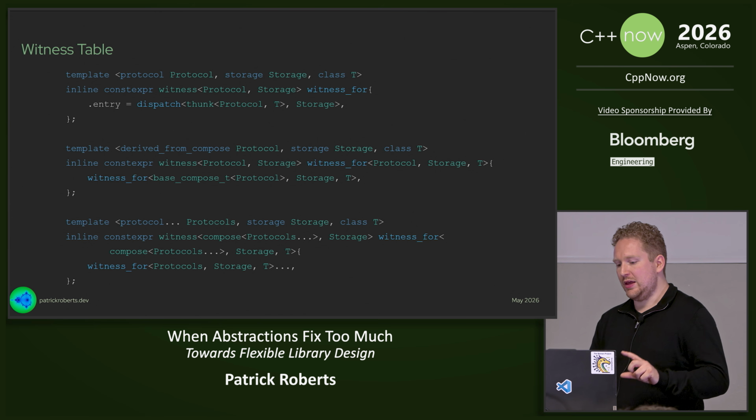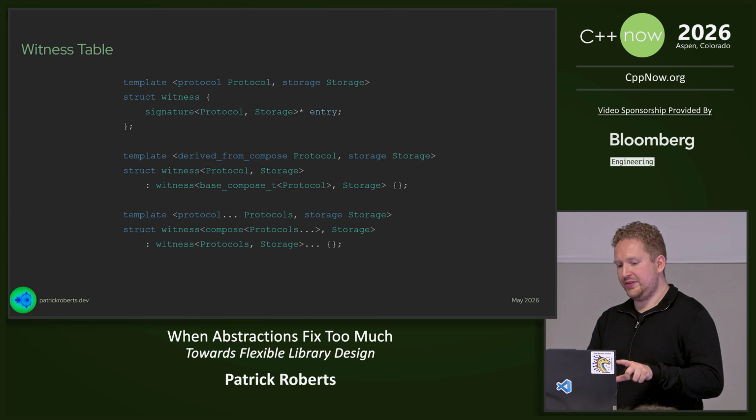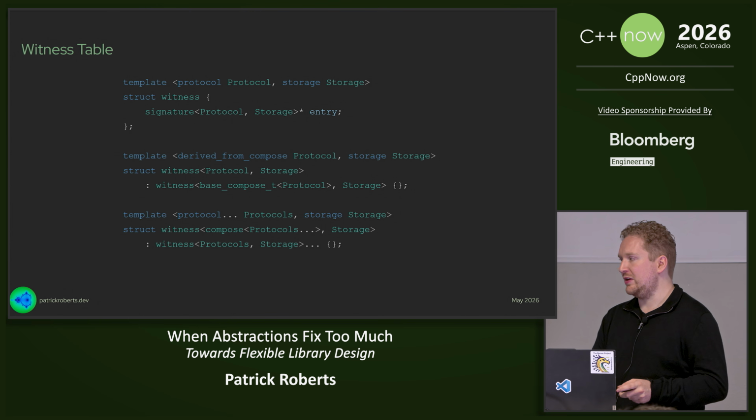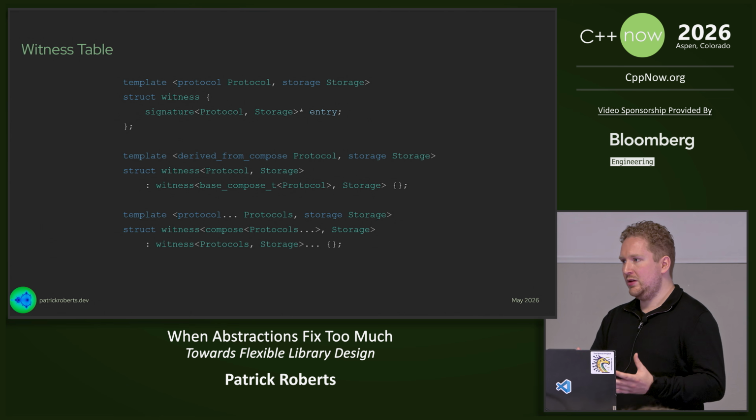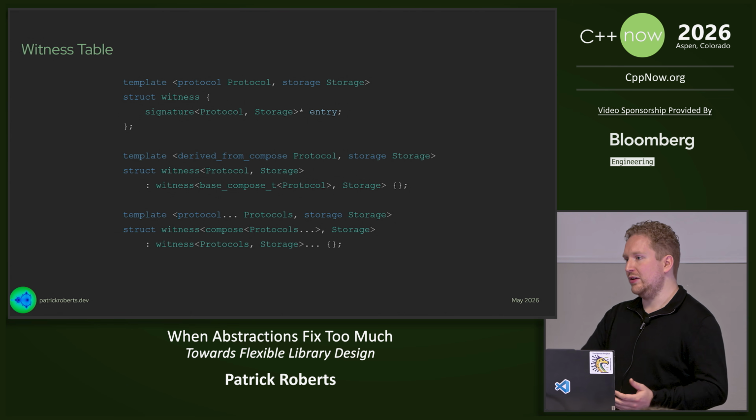And then getting to the value template, note that this is not templatized on a concrete type at all. It's only templatized on the capability and the storage object. The storage knows nothing about the concrete type, as I said before. And so you get this uniform representation regardless of the concrete type that's stored within.